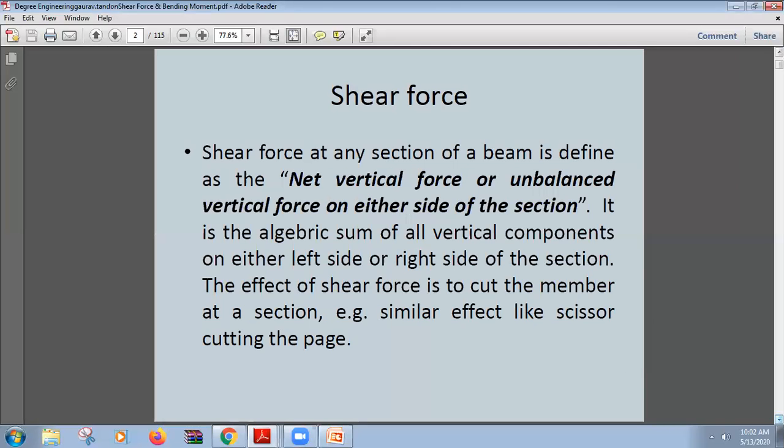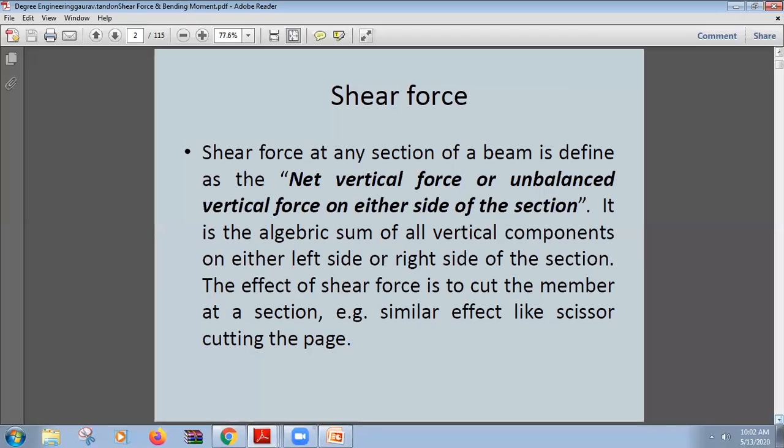Now come to the shear force. It may be defined as the net vertical force or unbalanced vertical force on either side of the section. If we check every cross section of the beam, we'll find that not all the cross sections are equally loaded.